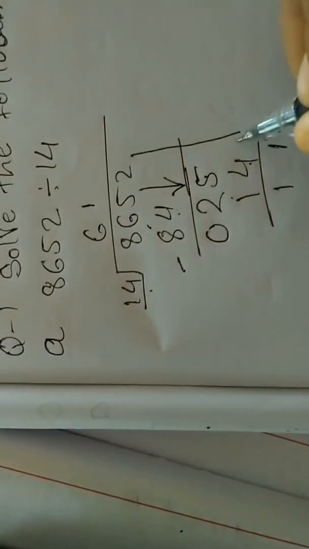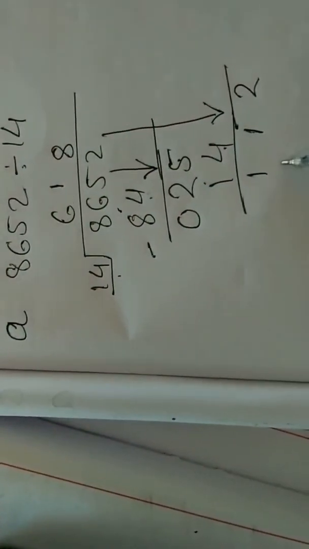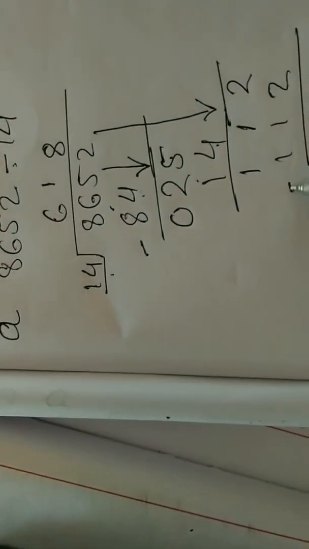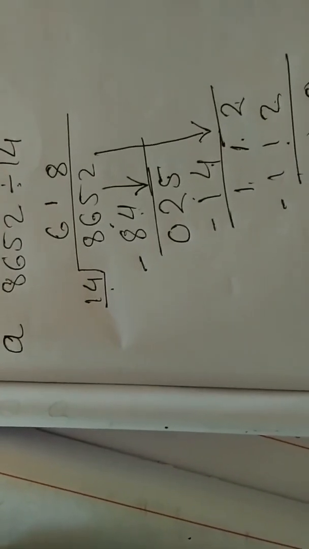Then we'll bring down here 2. 14 eights are 112. 2 minus 2, 0. 1 minus 1, 0. 1 minus 1, 0.